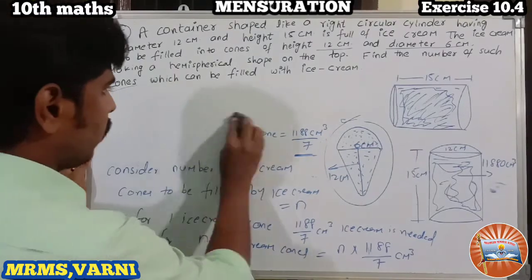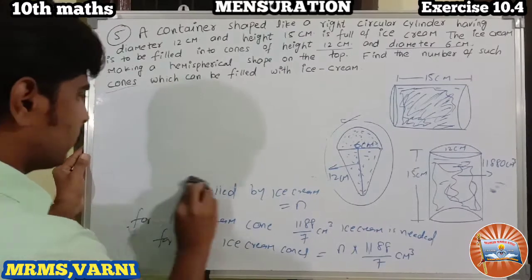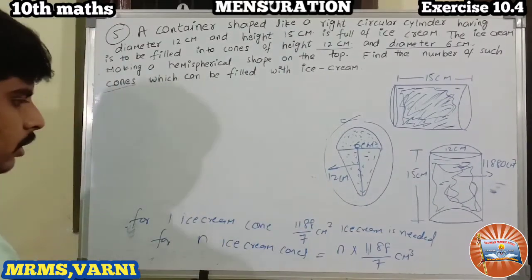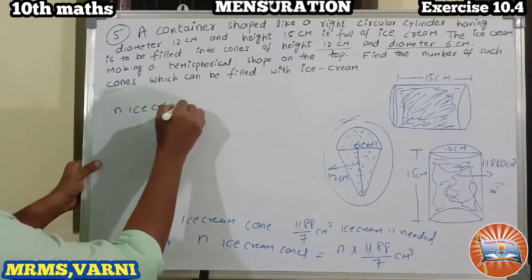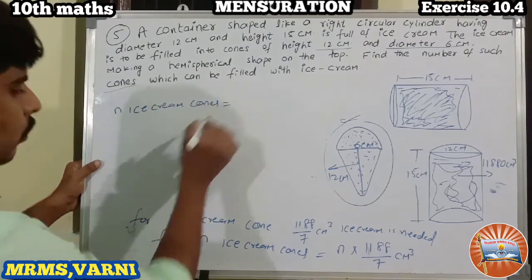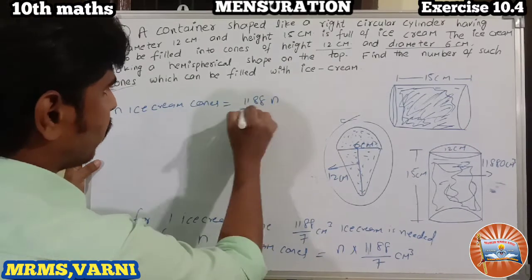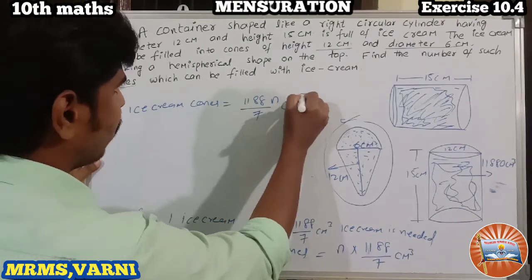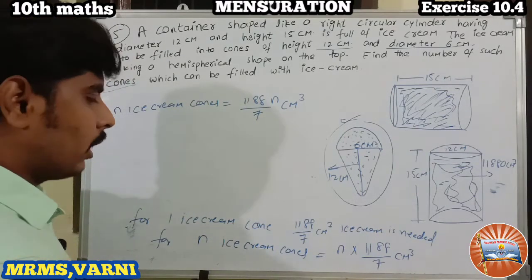I think you are getting this problem. So n ice cream cones need 1188 n by 7 centimeter cube of ice cream.